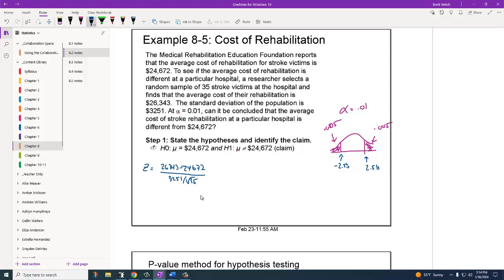If we evaluate our problem, we should get 3.04, which would land over here in the rejection region, leading me to make the decision to reject the null hypothesis. If the claim was that it's not equal, then we can say there is enough evidence to support the claim.